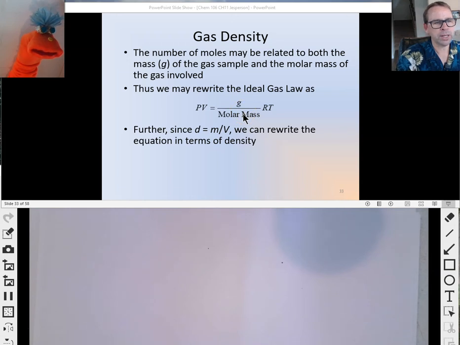Well, we can then rearrange, bring the volume over here, and it leaves behind the grams over the volume, and that would be our density. So we can rearrange things and get P times the molar mass to equal the density of the gas times RT.